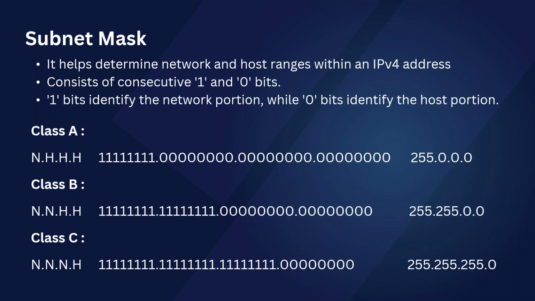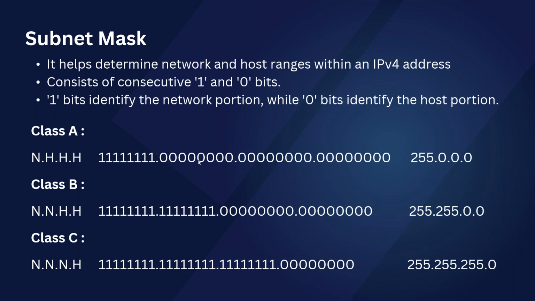For that differentiation between network and host, the computer assigns the value of 1 to the bits of the network portion and the value of 0 to the bits of the host portions. When we talk about class A, with one network portion and three host portions, the first portion has all ones, and the remaining three host portions have all zeros.